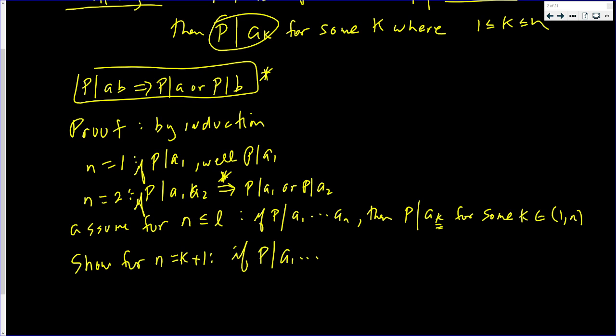Now, if n is equal to L plus 1, so A1 up to AL times A sub L plus 1, well, that clearly implies that P divides A1 times A2 up to A L plus 1. Well, think of that as one number. After all, if you multiply L numbers, you get one number.